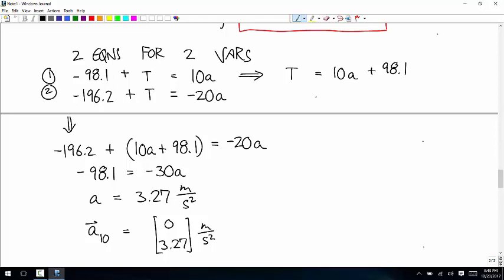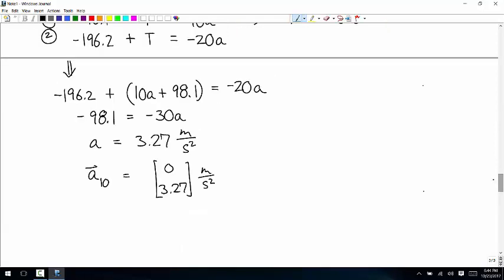So we get 32.7 plus 98.1 is 130.8. Okay, so T is equal to 130.8 newtons.